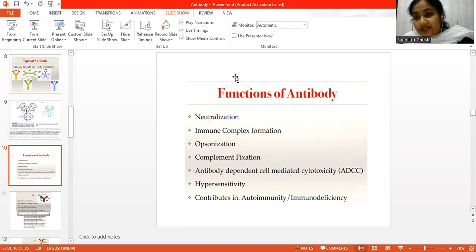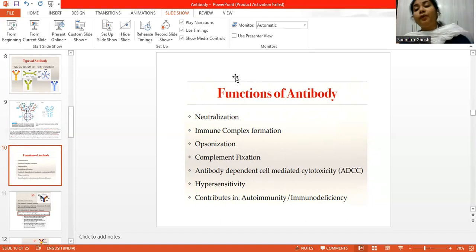the opsonin. Again, when the antigen-antibody complex has been formed on the surface of a bacterial cell, because the antibody has been generated against the surface antigen of the bacterium, that antigen-antibody complex formation can lead to the activation of the complement pathway. And here, the MAC complex can be activated.